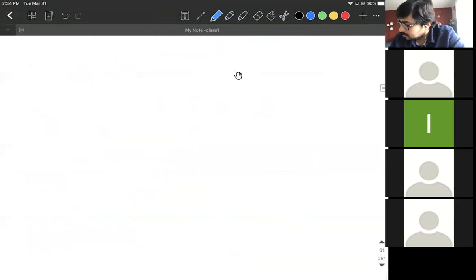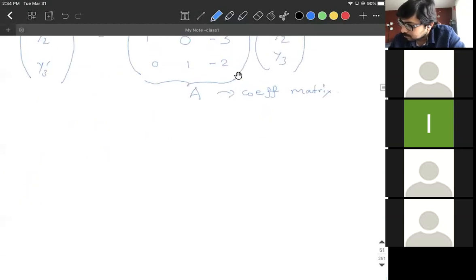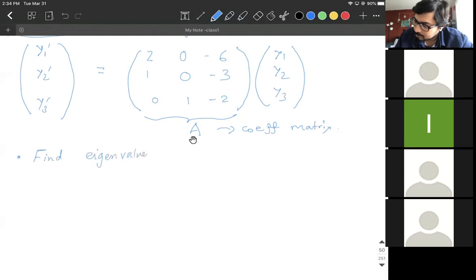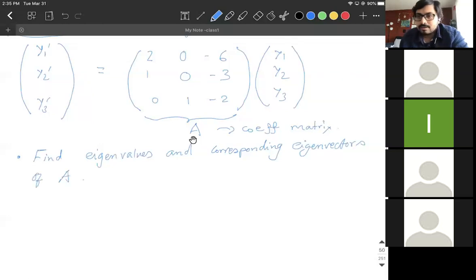Okay, so then, what do we need to do? In order to find the solution, we need to find the eigenvalues of this matrix A. So find eigenvalues and corresponding eigenvectors of A. So this part is, for the moment, well known.